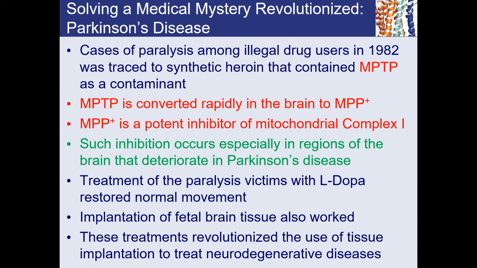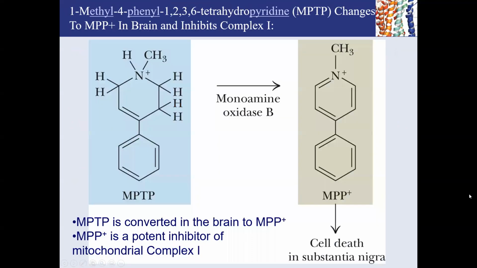Okay, so there was a lot of research related to that. In fact, you can implant fetal brain tissues in those regions, and that could also work. So, something good came out of this. Okay, and this really led to revolutionizing the use of tissue implantations to treat certain neurodegenerative diseases. So from bad things, something nice came out.